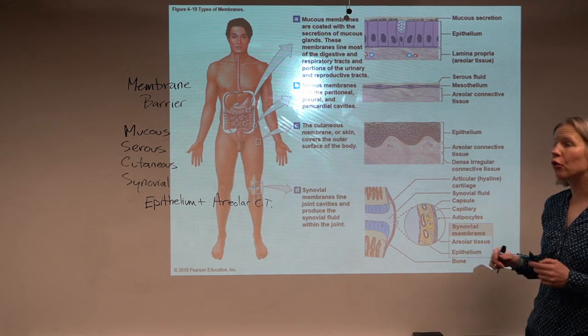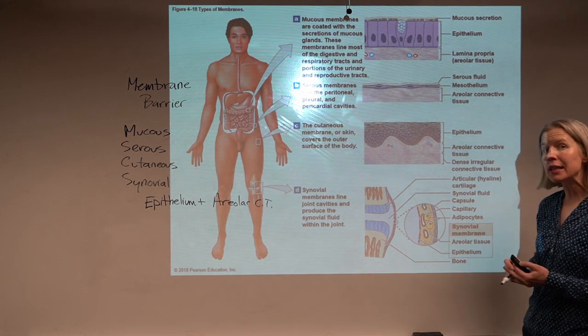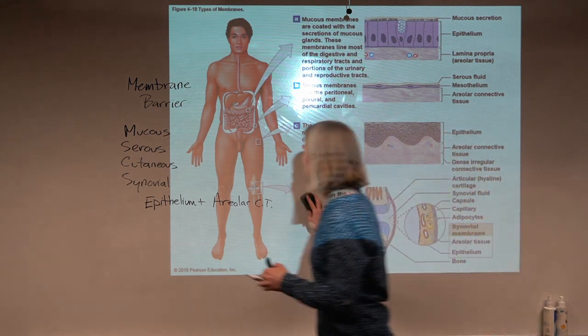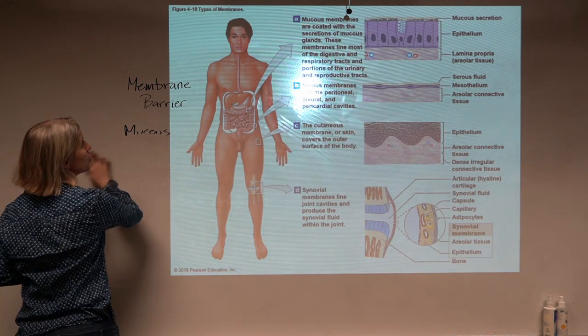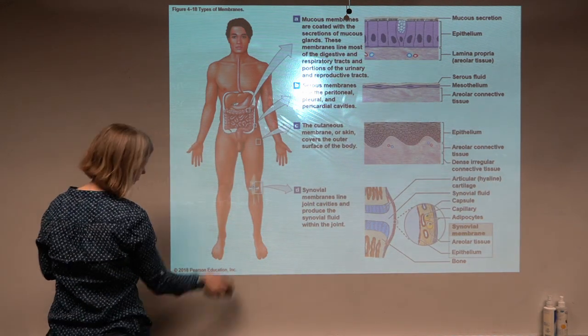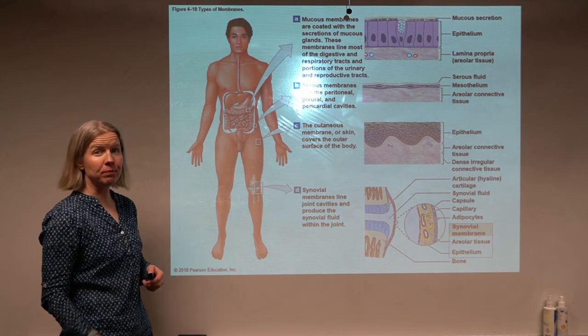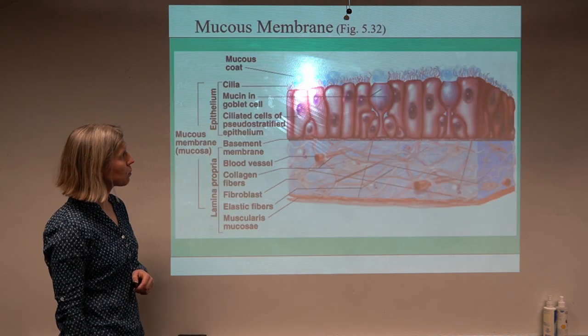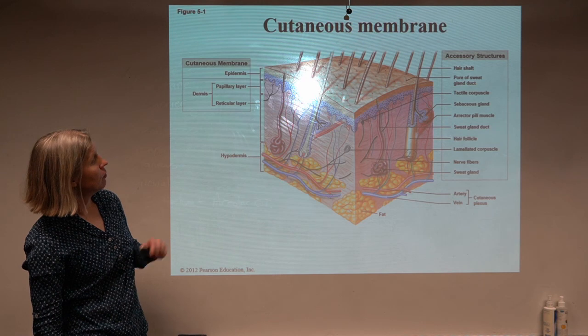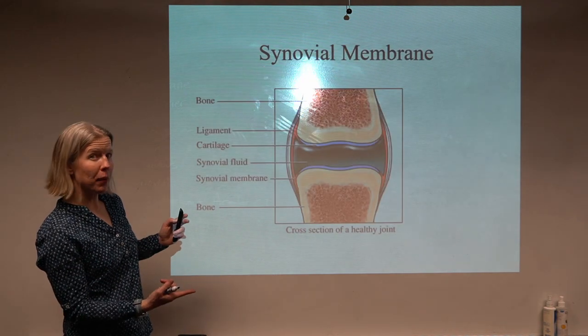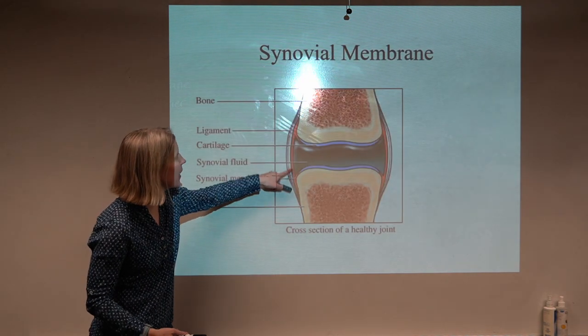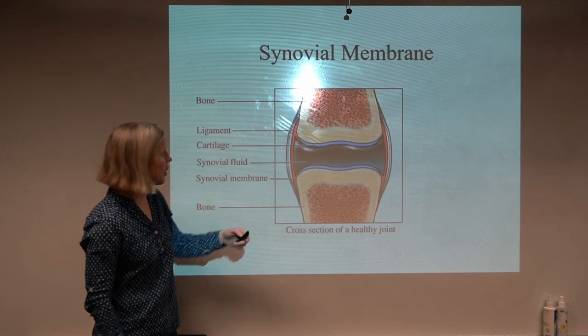Okay, so those are the four membranes, and you'll see these as you go throughout this entire AMP 1 and 2 sequence. Those will obviously show up in a variety of different organ systems. Synovial membrane, right? So you can kind of see it here lining that joint cavity.